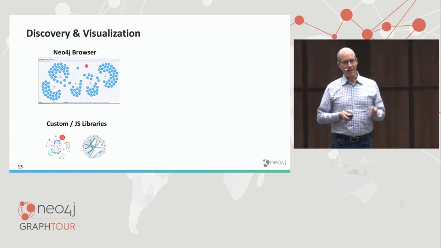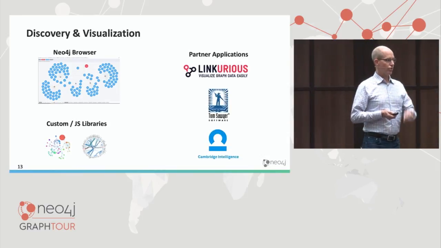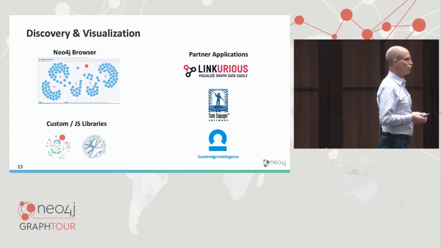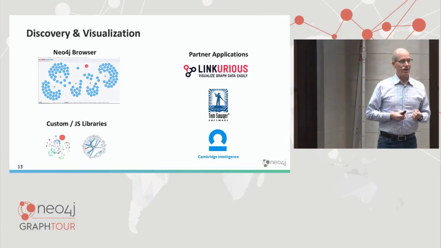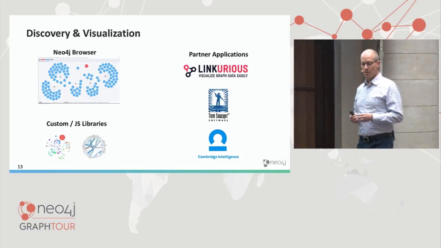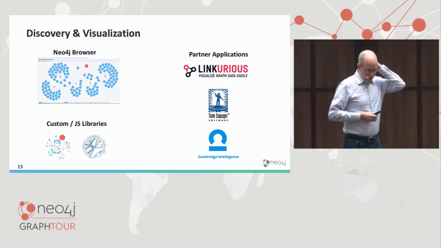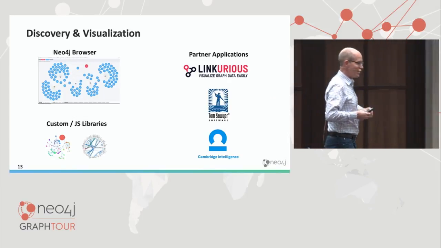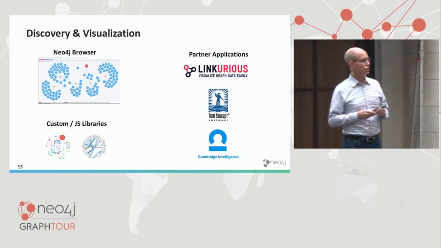When it starts to get cumbersome, it's time to turn to the partners of Neo4j, who have built really rich visualization, discovery, and navigation applications around graphs. Specifically, Linkurious, Tom Sawyer, and Cambridge Intelligence have built some fantastic tools specifically tailored to graph visualization and navigation.